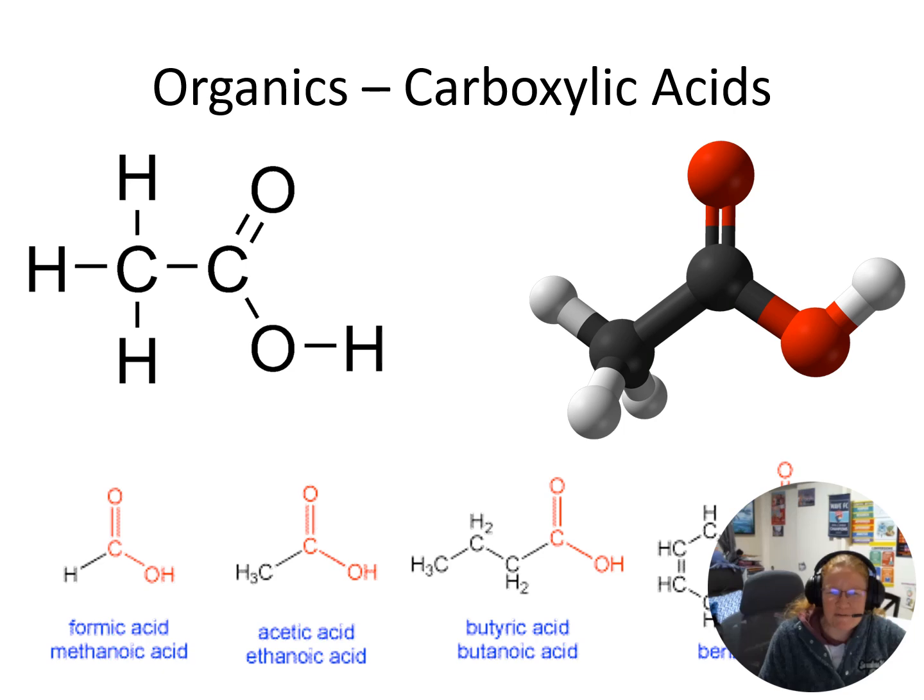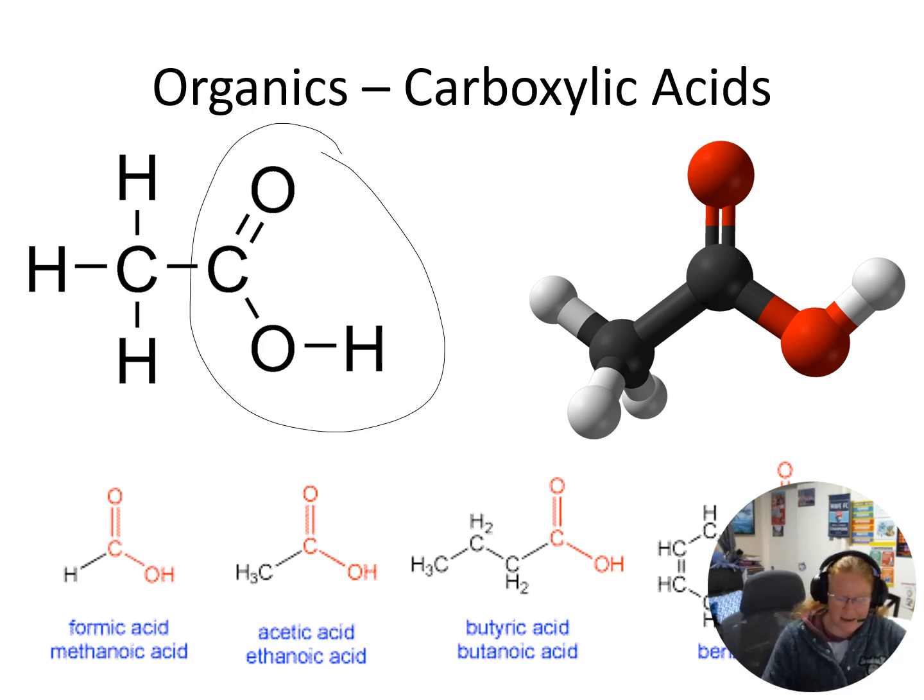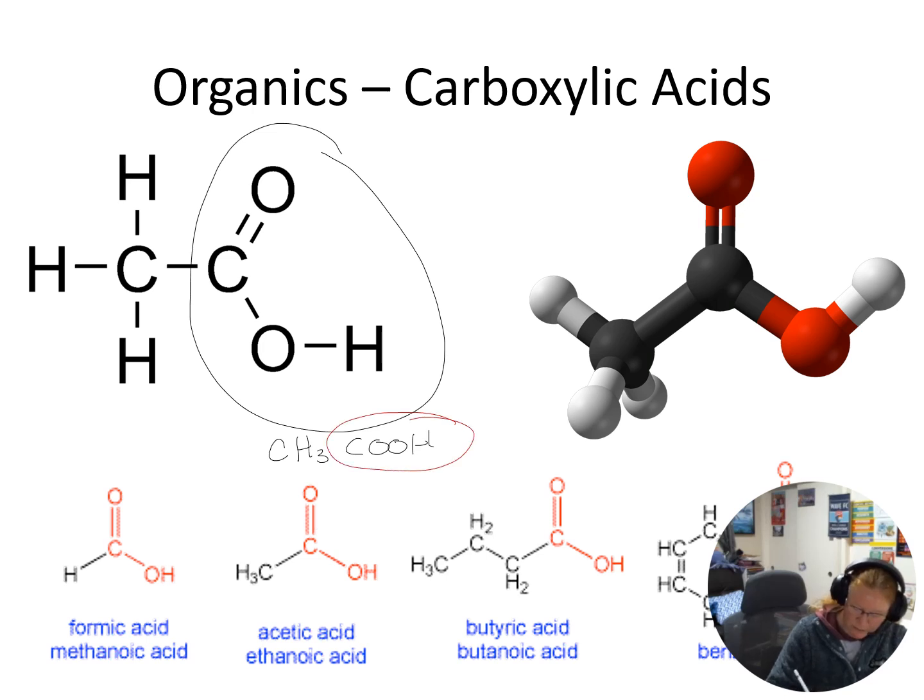All right, and then we've got carboxylic acid. So I mentioned these briefly before. The COOH, and you can see highlighted in red the carboxylic acid group in each one of these. So that is the carboxylic acid functional group. That's why in acetic acid, I like to write it as CH3COOH, because that gives me structural information about that carboxylic acid group.